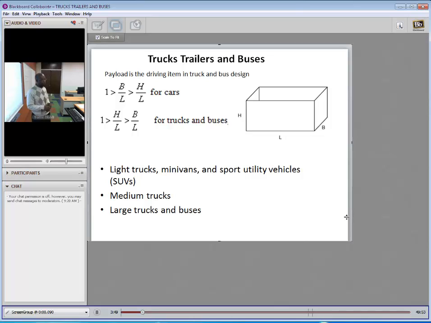So we say medium truck, but it's a very narrow range, because some light trucks at the high end have a performance equivalent to that of medium trucks, and the high end of the medium trucks can have a performance that the large ones fall into.